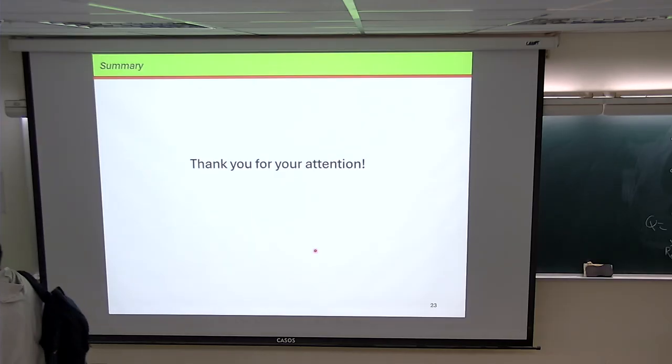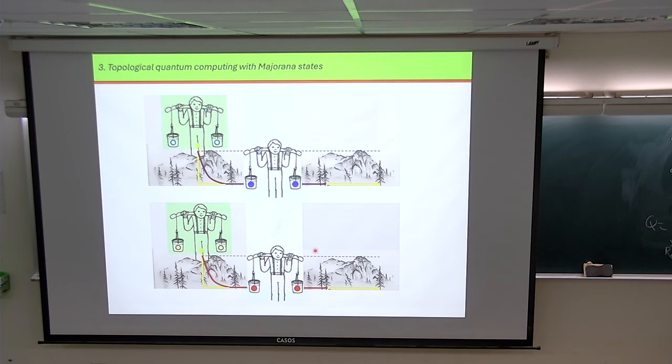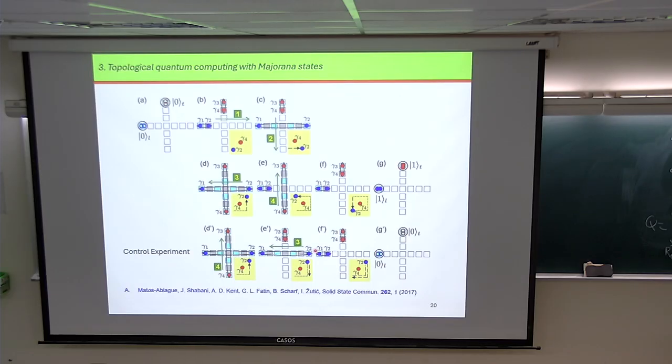So a Majorana state means it's a state that can be occupied, like any state, or it can be empty. It's a special state. Maybe I skipped this figure here. So here is more or less the picture.